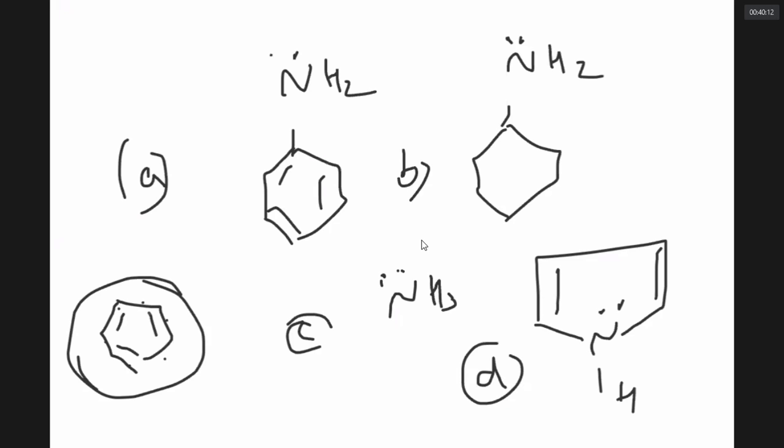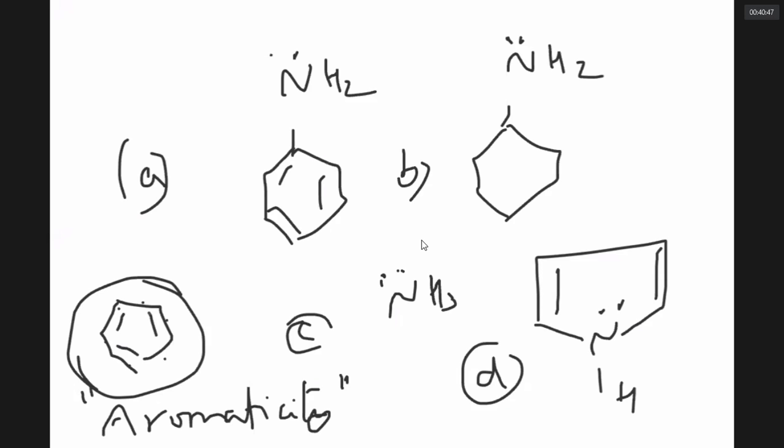To describe that extraordinary stability in a cyclic conjugated system, we use a term called aromaticity. Aromaticity is a term that indicates stability due to resonance in cyclic systems.